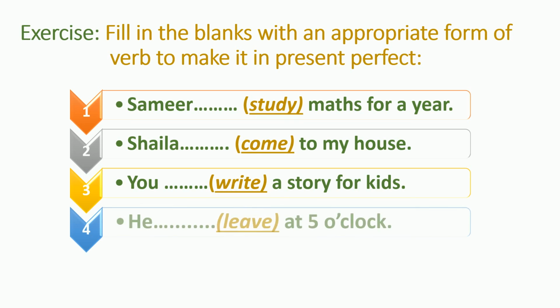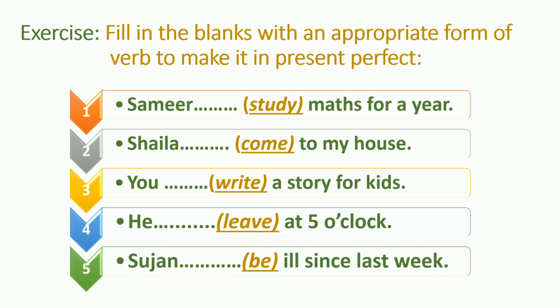In the fourth sentence, you will use the verb live in the sentence he dash dash at 5 o'clock. In the fifth sentence, Susan dash dash ill since last week. Here you are supposed to use the verb be. You will use the appropriate forms of the given verbs in the blank spaces in order to make all these sentences in present perfect tense.